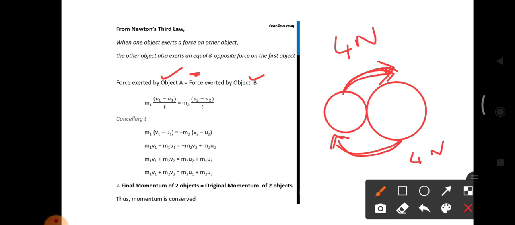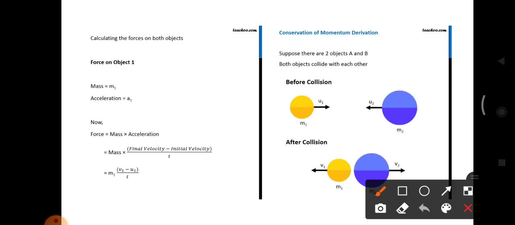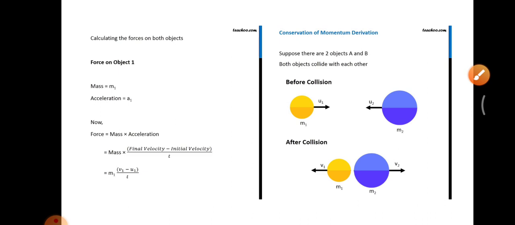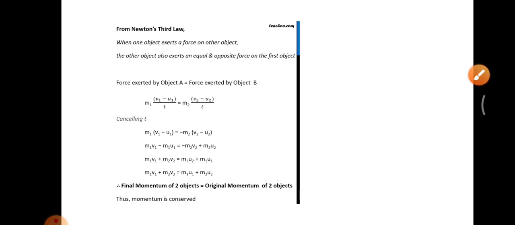The force exerted by object A, we can write m1 into v1 minus u1 by t. We already calculated this. And the force F2 equals m2 into v2 minus u2 by t. We have to substitute these values here.